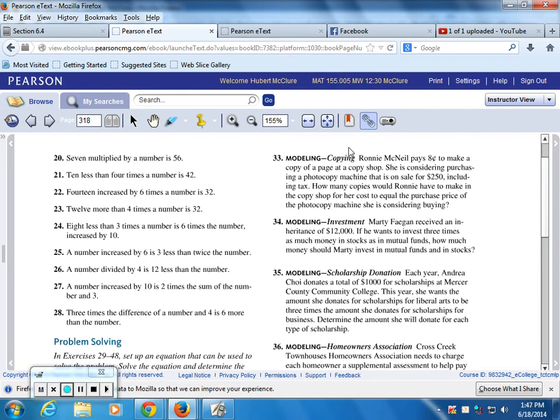So it says if he wants to invest 3 times as much money in stocks as in mutual funds, how much money should Marty invest in mutual funds and stocks? Well, he only has $12,000 to invest, right? So the whole kit and caboodle is going to be equal to $12,000.